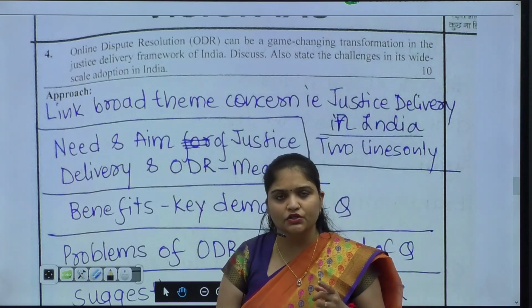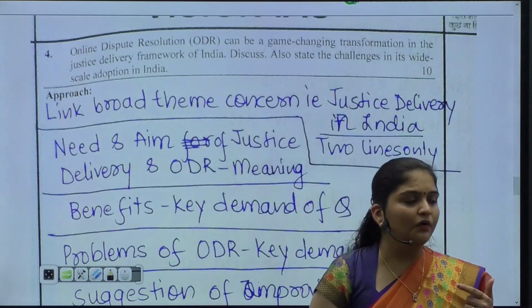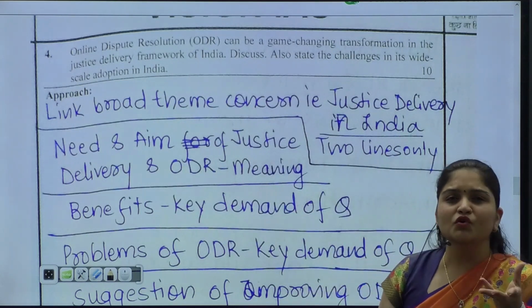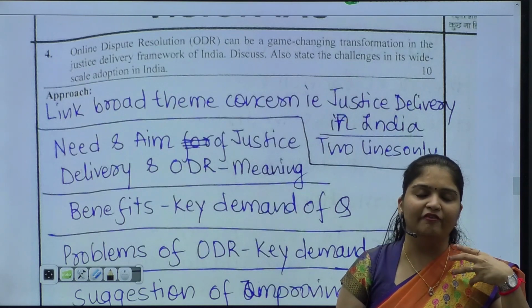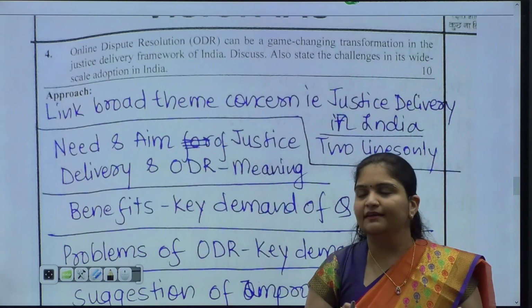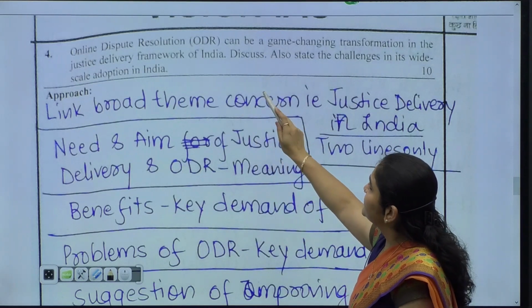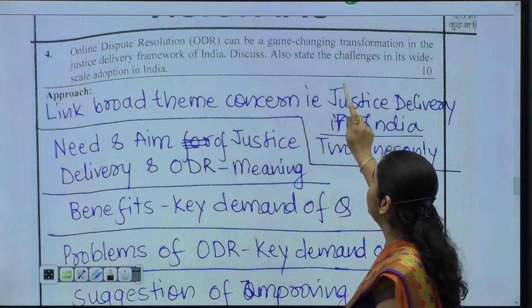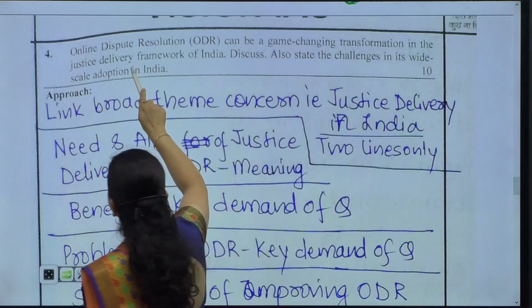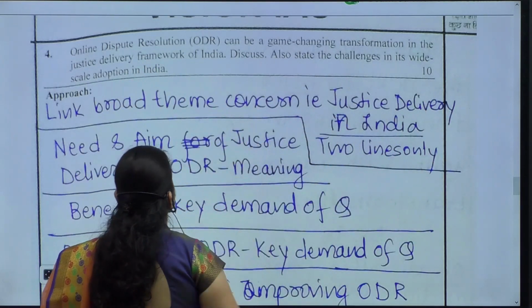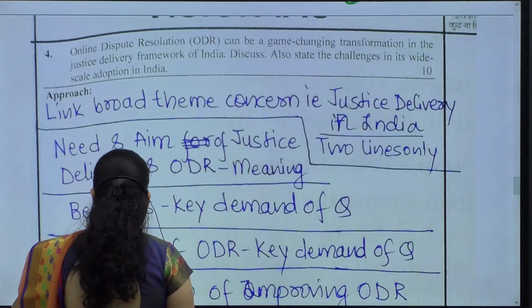So in this question, I'll show you how iconic dialogues can be used, how we can make even the most boring schemes very interesting, very, very lively, okay? So for example, the question is asking: online dispute resolution can be a game-changing transformation in the justice delivery framework of India. Discuss the challenges in its wide-scale adoption.